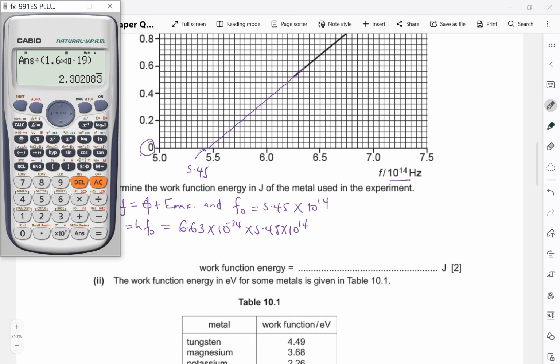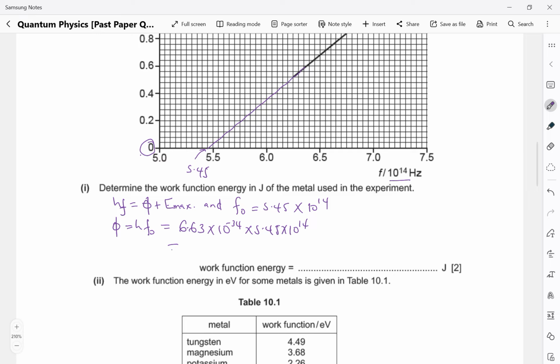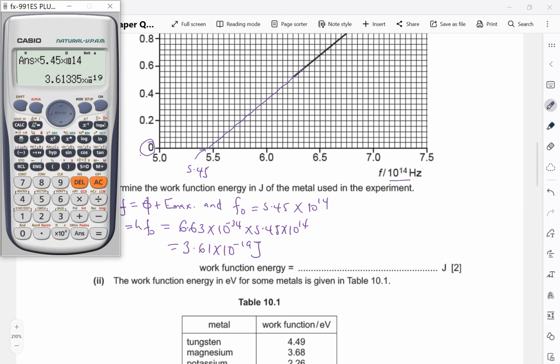From my calculator, this gives 3.61 times 10 to the power of minus 19 joules. So that's the work function energy.